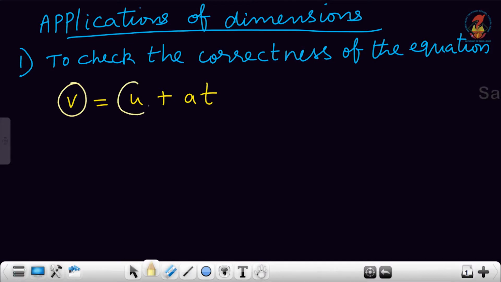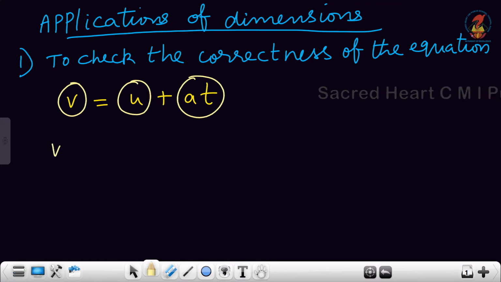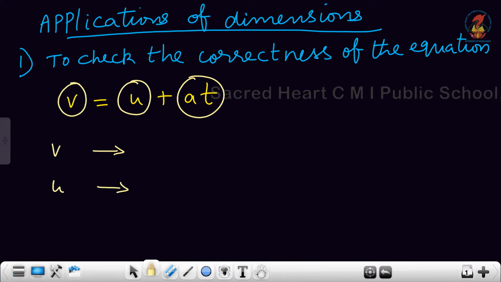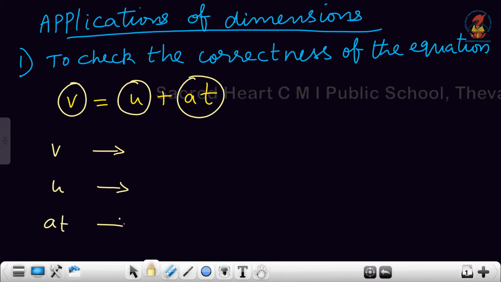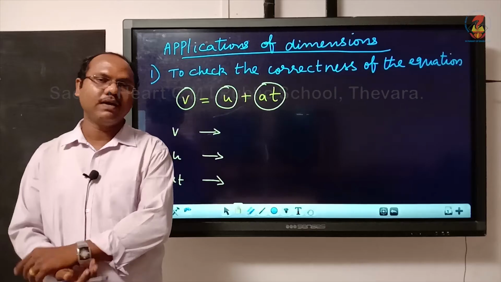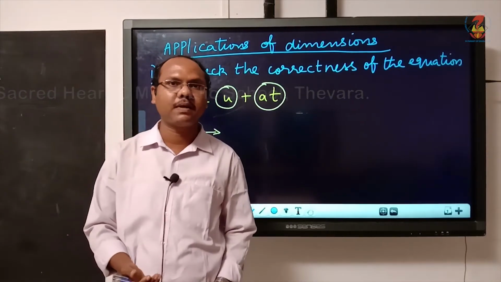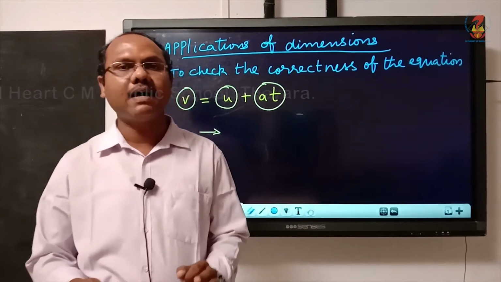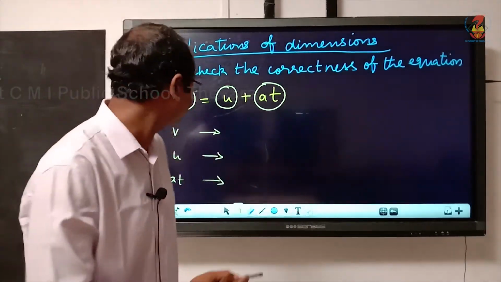First term, second term, third term. You have to take each term separately and find the dimension of each term.